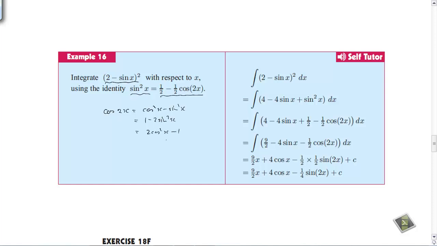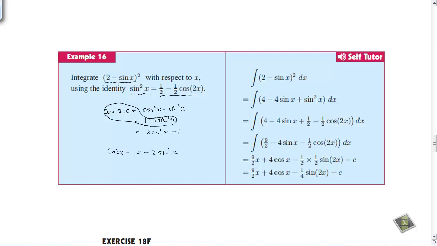And what they're saying here is if you use this one and rearrange it, you get cos 2x take 1 equals neg 2 sine squared x.